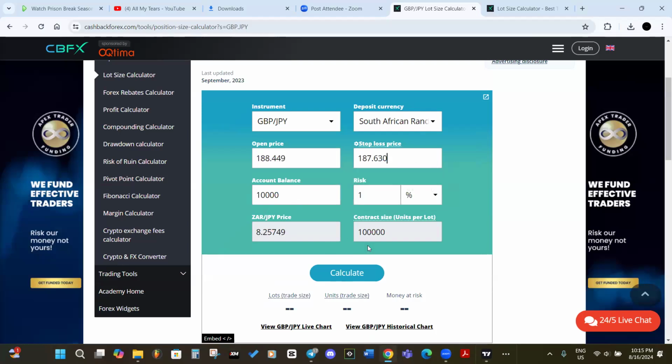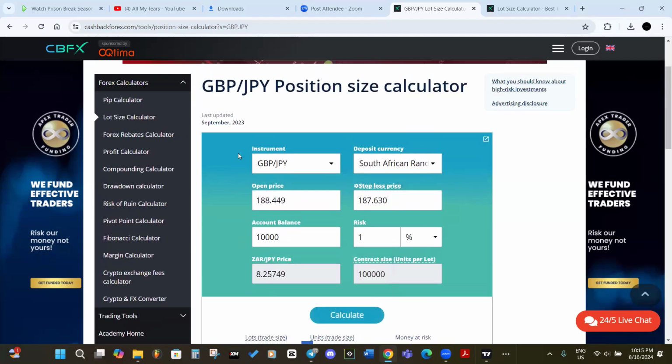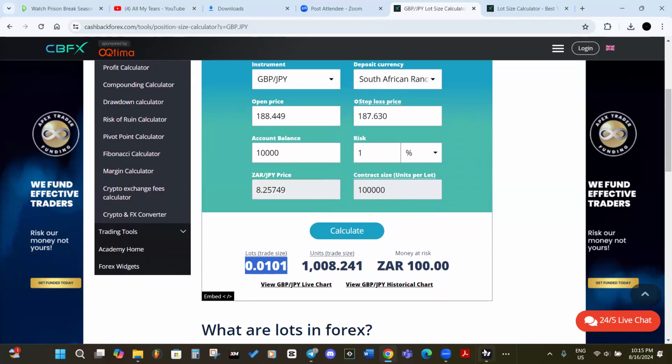Yeah, so it will be one lot size, I think. That's 0.01, not units. Oh, 0.01, yeah. So that's how you calculate your lot size using this website.